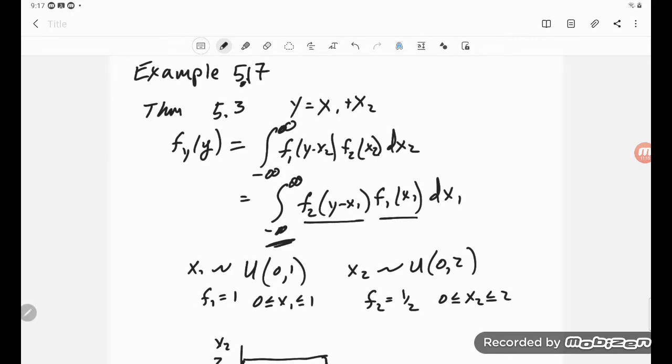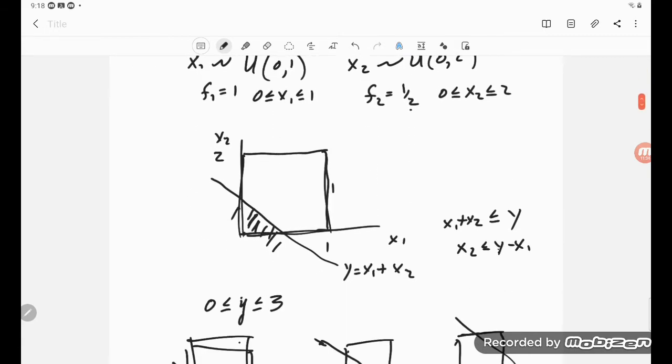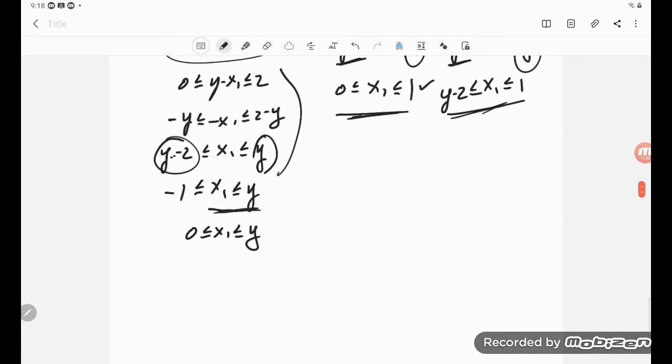And so in setting this up, our integral back here, this convolution that we do, this part is a piece of cake. Actually, I'm doing, oh wait, no, I am here, sorry, x1. I'm integrating with respect to x1, and so f2 is going to be a half and f1 is going to be 1, but I get these 3 different cases.